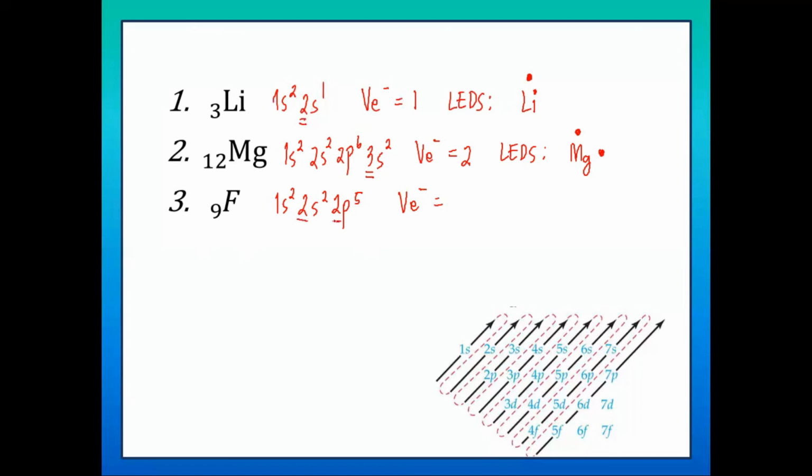Dahil may dalawang 2 other exponents, 2 plus 5 is 7. Now, the LEDS of this one is, copy the element symbol F. There are 7 dots that we have to place around the sides of this element symbol clockwise. 1, 2, 3, 4, 5, 6, 7. Okay? So that's how we illustrate the LEDS of fluorine.